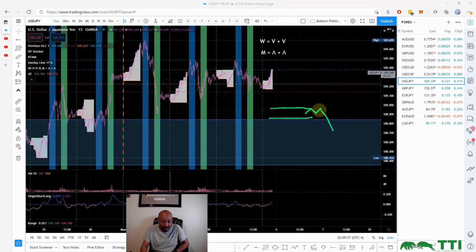So what you're looking for is this M, but they did not do a stop hunt high. Same thing on the downside, they make the W right at those lows and go long. So you don't want to miss this trade because it's happened.